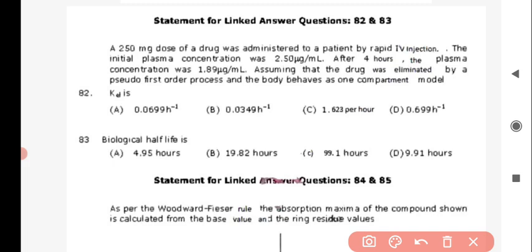Assuming that the drug was eliminated via pseudo first order process and the body behaves as a one compartment model, the question is, KE is, and the answer is option A, 0.0699 per hour. This is a numerical question but the simple answer will be option A. Then next question is biological half life is, and the correct answer is option D, 9.91 hours.